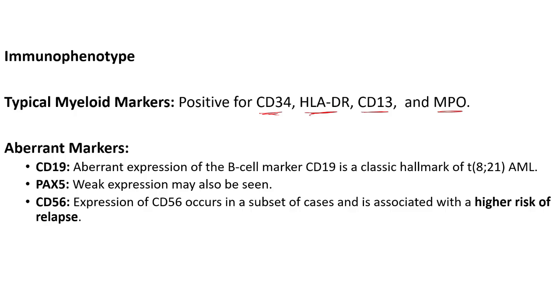Among aberrant markers, CD19 and PAX5 weak expression may also be seen, and expression of CD56 occurs in a subset of cases and is associated with higher risk of relapse.